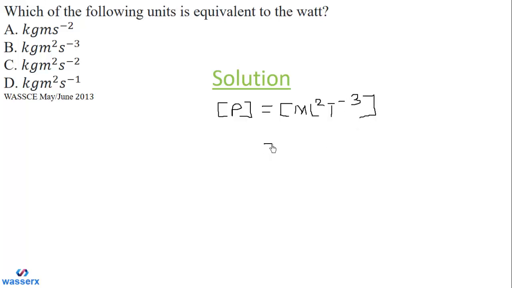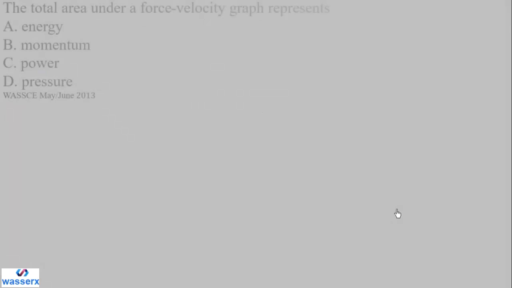We now substitute the basic units for each of them. For mass we have kilogram, for length squared we have meters squared, and for T exponent negative 3 we have s exponent negative 3. So this is equivalent to the watt. Hence the correct answer is B.